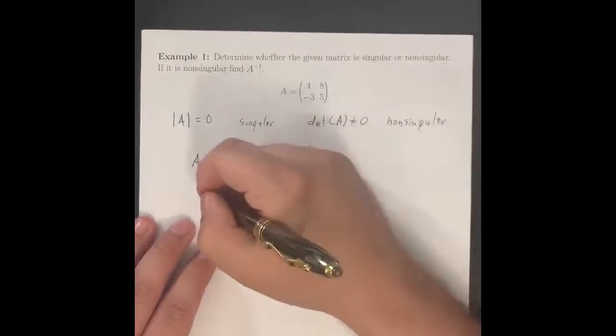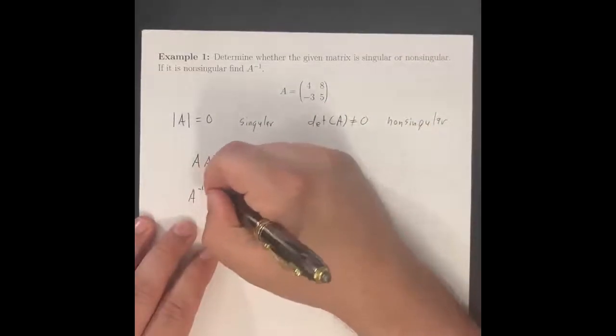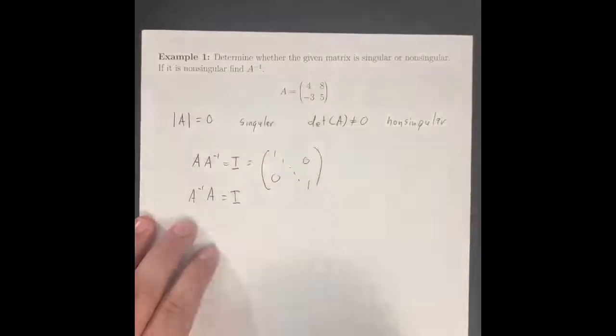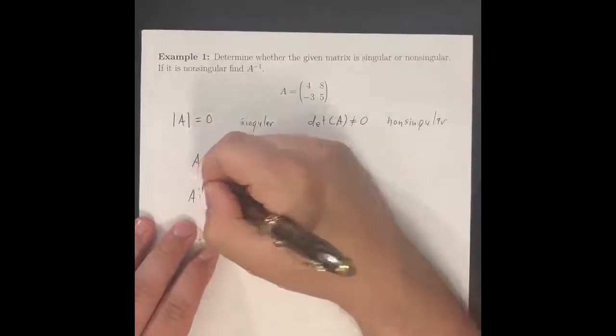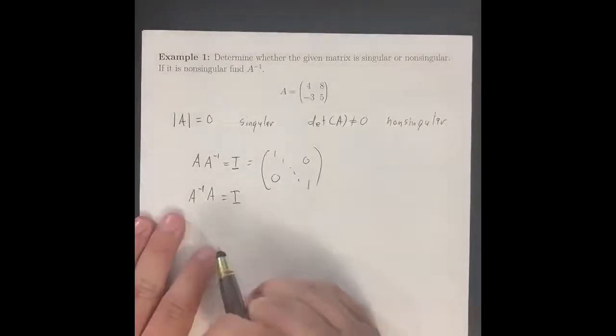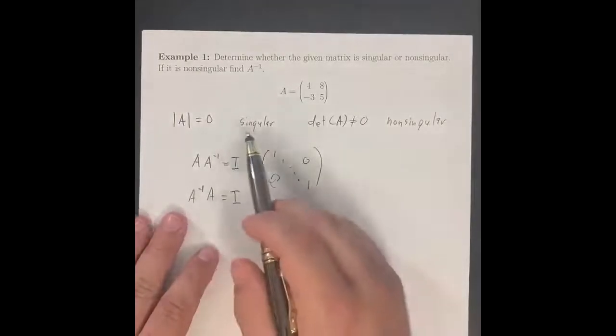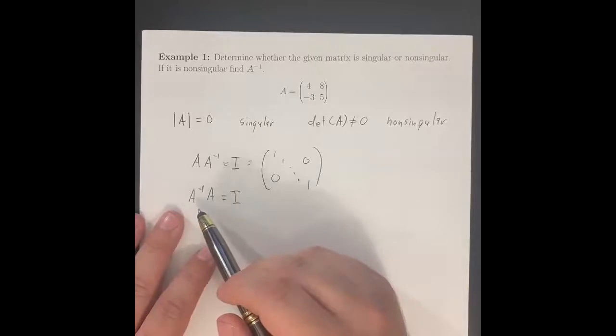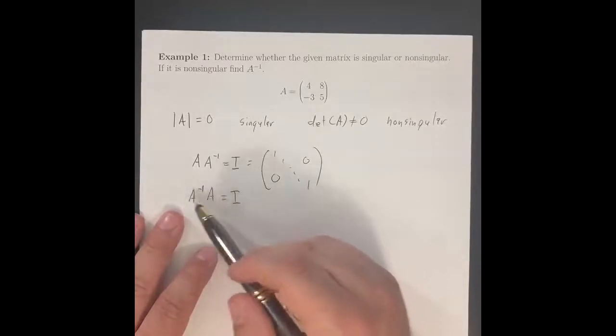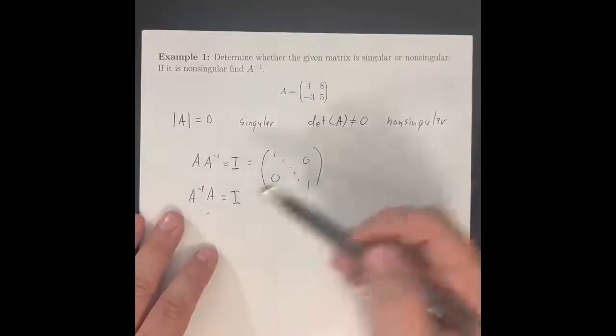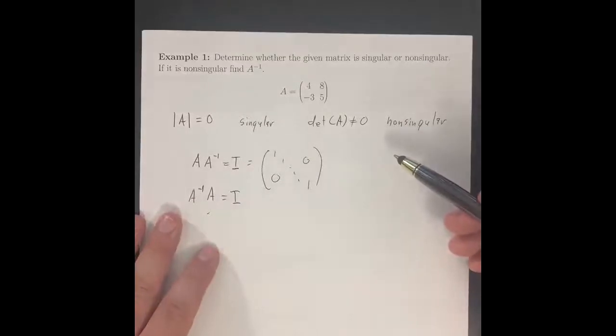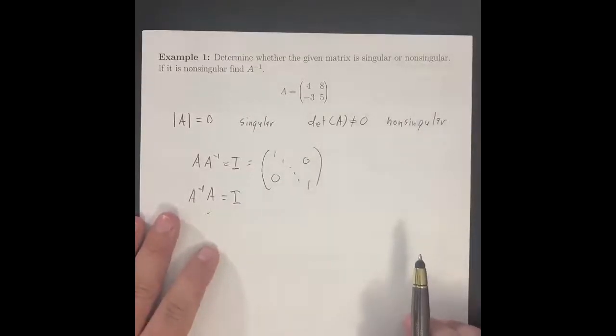You can also multiply A inverse times A, which should also give you the identity. So that's what a matrix inverse means. And you can't always find this. If a matrix is singular, A inverse doesn't exist. We can't find a matrix that has this property. But if it's non-singular, we can find the inverse.